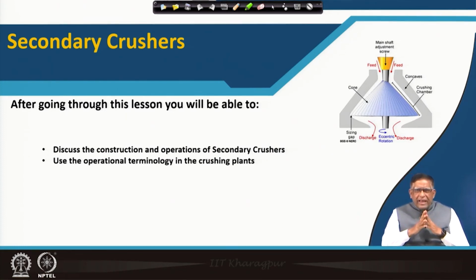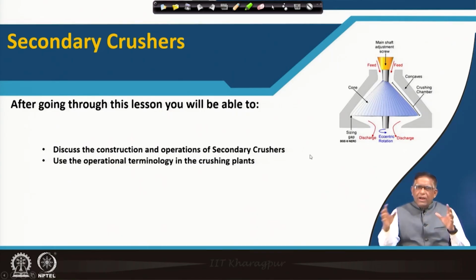As in this figure you can see, we are talking about a secondary crusher, which is a cone crusher. We will be discussing the constructional components of it, how the cone makes a movement inside the concave, so that the material gets crushed in between and discharged over here.